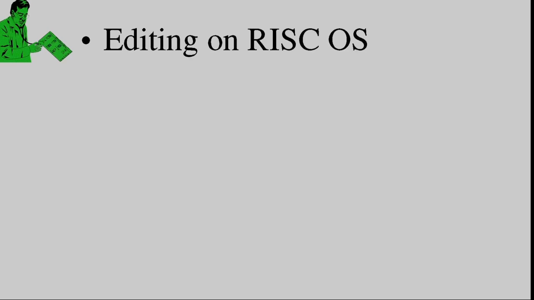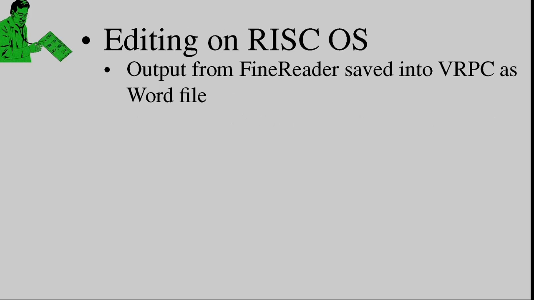Now, once I'd done that, I carried out the editing on RISC OS. The scanning was controlled from my old Windows 7 box, on which I'd got Virtual RISC PC. So I saved the output from FineReader as a Word file. There's several options. I could have just had a pure text file, or other formats are available.